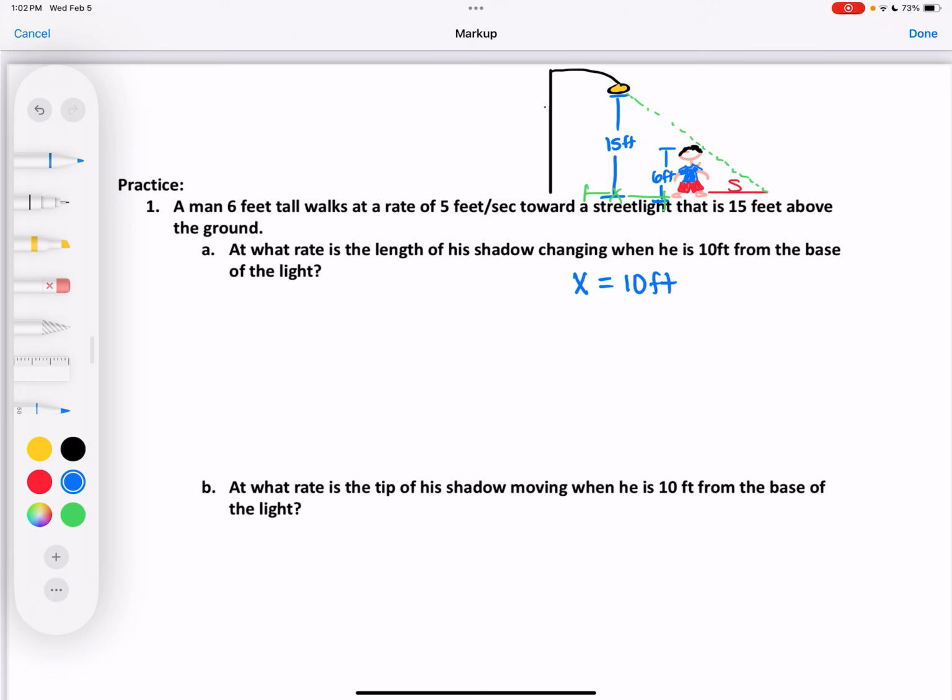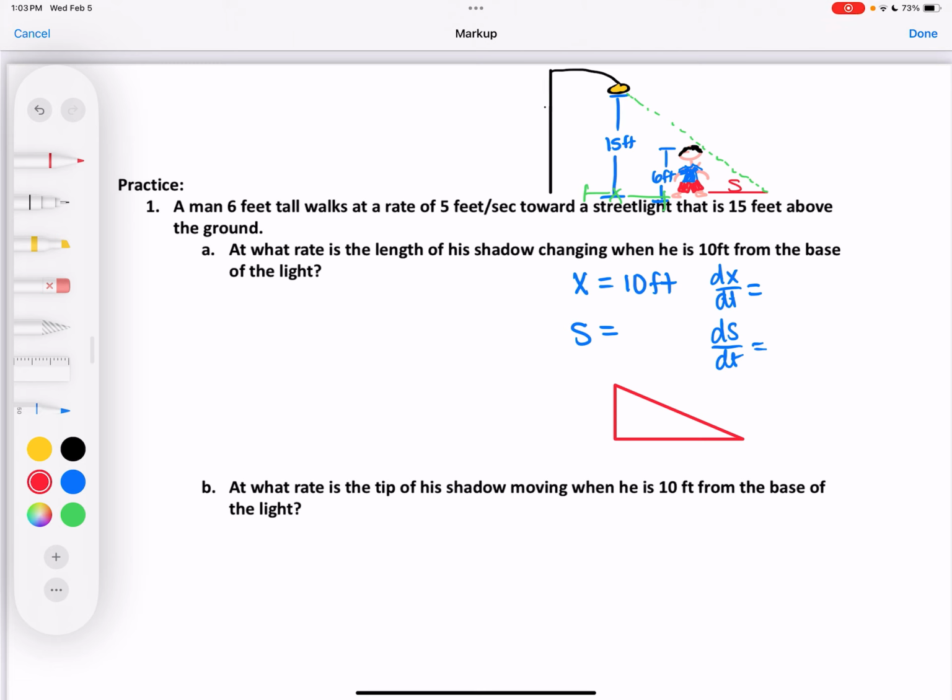Then S is here. dx dt. And ds dt. All right, so I'm going to draw this more as a triangle for the purpose of being able to see it a little bit easier.